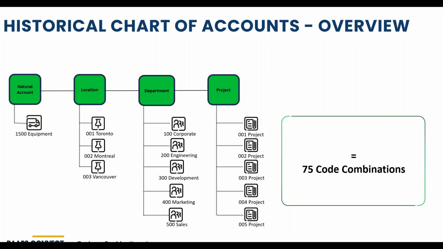So assuming that we have 3 locations, 5 departments, and 5 projects, I think those are probably on the low side. Some of you may have more or fewer segments, but let's just use this as an example. So with the structure that we currently constructed, essentially there's 75 possible combinations, the various combinations that fit within the account 1500 equipment.